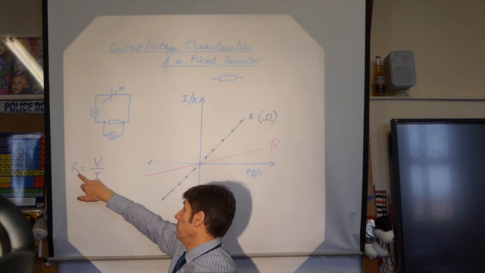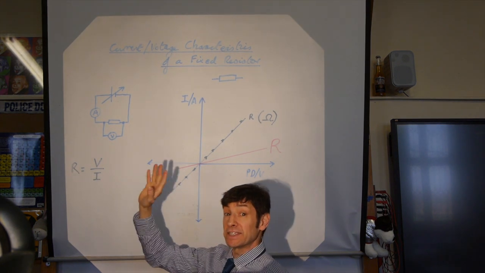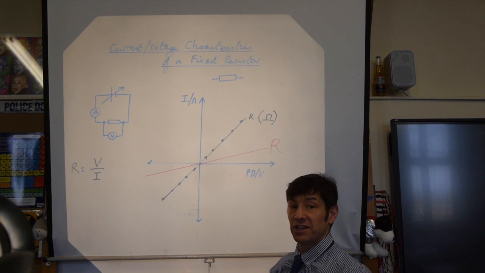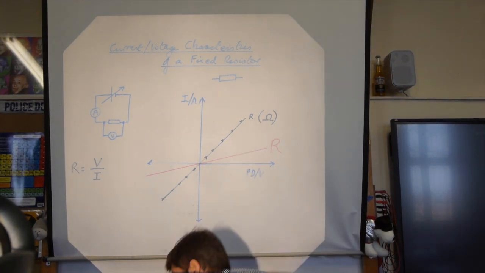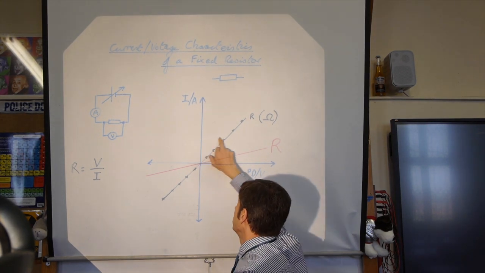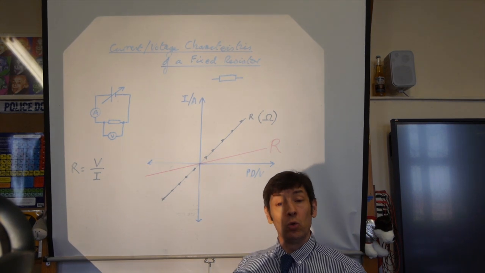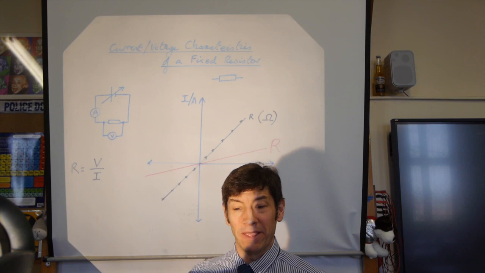The ratio of potential difference to current, V over I, stays the same. And if it stays the same, we can say it obeys Ohm's law. It's ohmic. For any value of potential difference, if you divide it by the associated current, you'll always get the same number. It's a fixed resistor, it's ohmic.